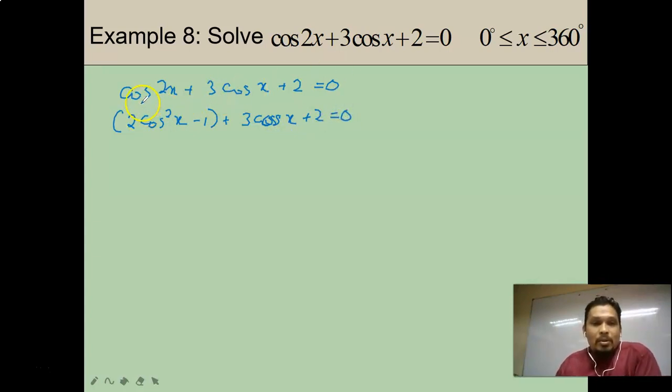For cos 2x, we call this a formula of trigonometric function.